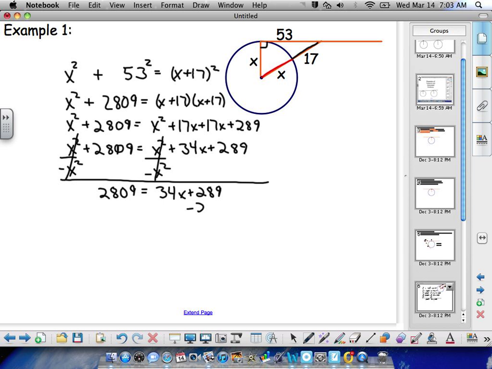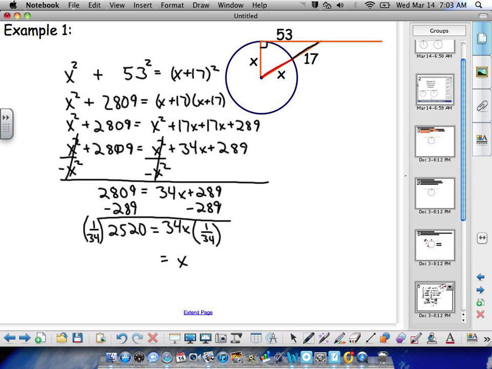First, we subtract 289 from both sides using the subtraction property of equality. 2,809 minus 289 is 2,520 equals 34x. Multiply both sides by the reciprocal, 1 over 34.